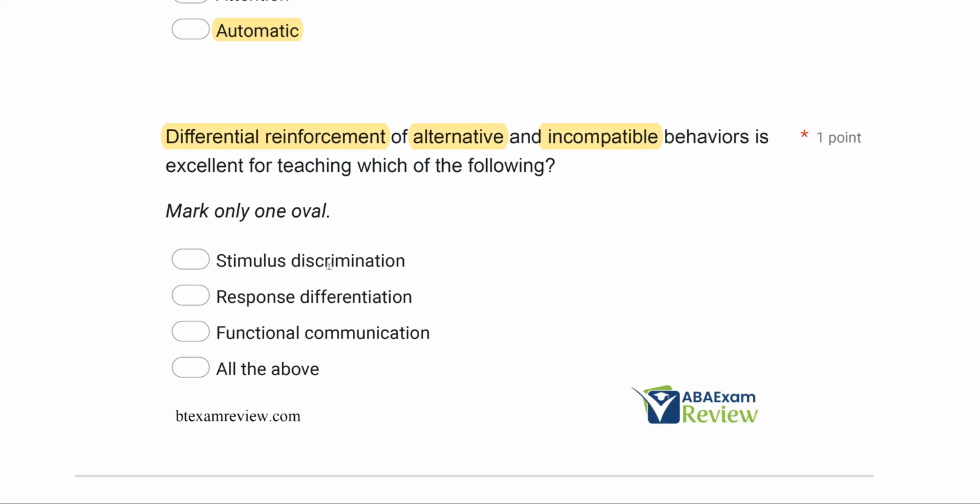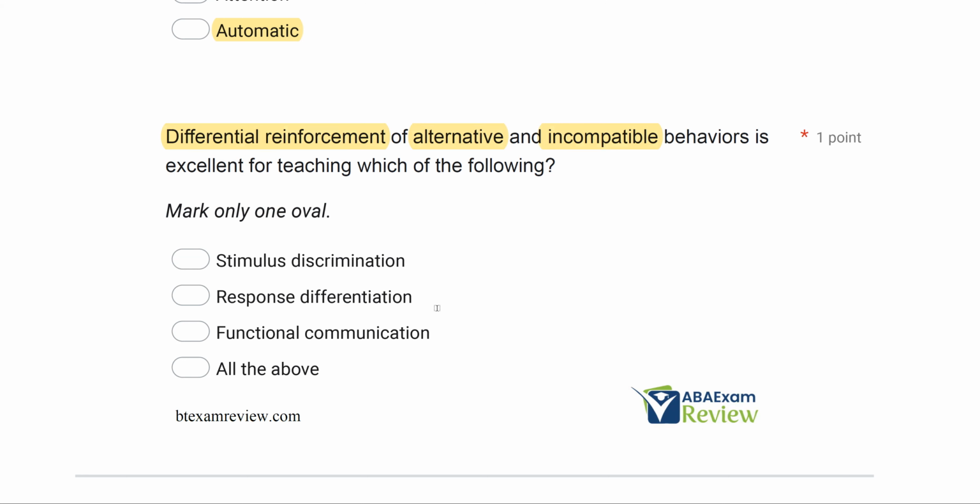So can we teach stimulus discrimination this way? Sure. If you have color cards and you have a yellow and a blue color card and you say point to blue, you're going to reinforce for pointing to blue and put pointing to the yellow on extinction. That's going to teach stimulus discrimination. Response differentiation. If you have the same cards and you say grab the blue card and the client points, you'll put that on extinction.